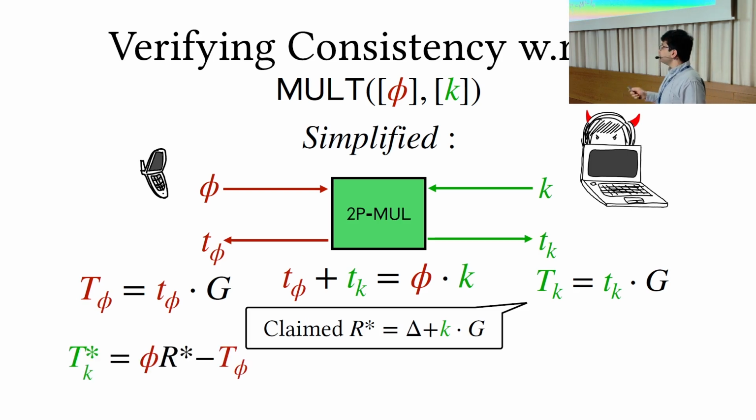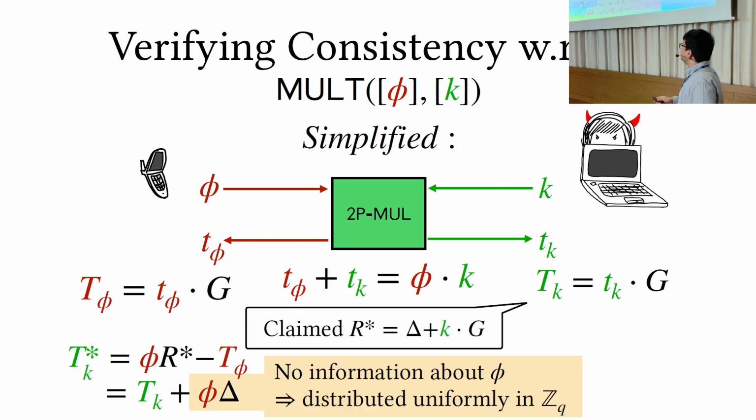What this induces is for the phone to derive some T_k star value that is offset from the honest T_k value by some inconvenient term. In particular, the offset is phi, which is owned by the phone, multiplied by this delta value of the laptop. And given that there's no information about phi in the laptop's view, this offset is uniformly distributed in Z_q, which is a large field.